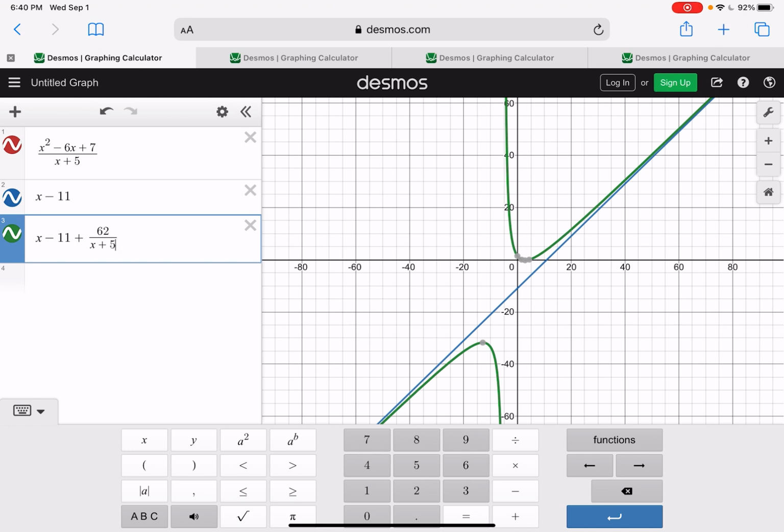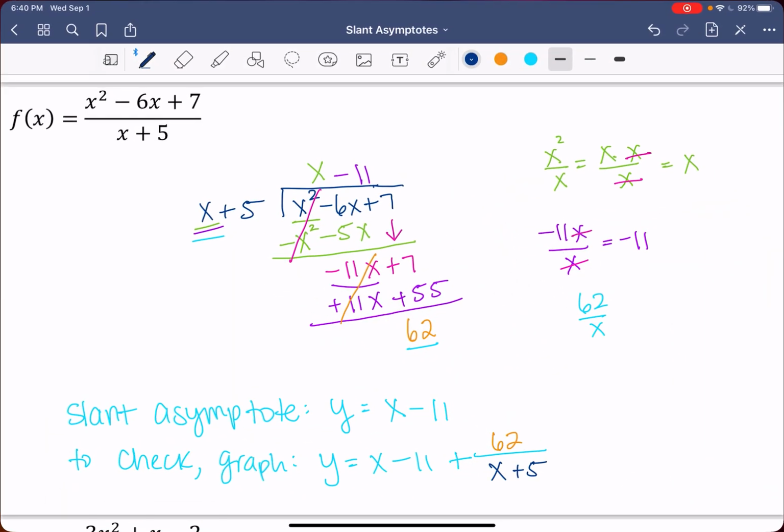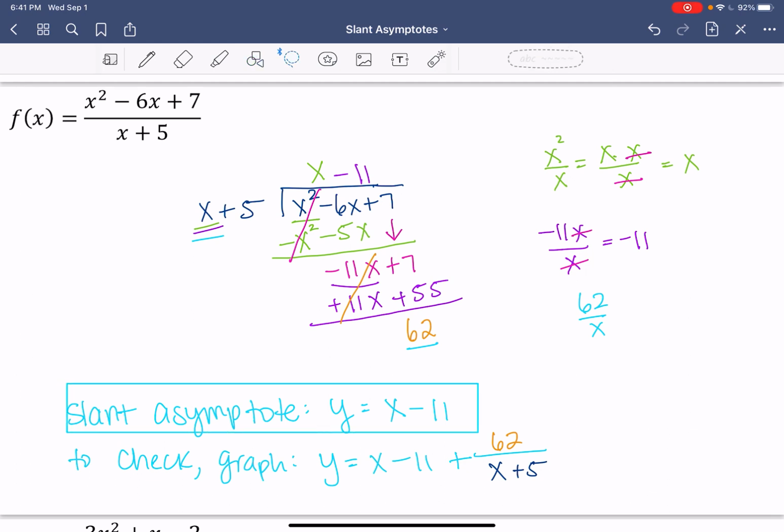And so notice that the red and the green graph overlap each other because they're the exact same. And so that's how you know that you did it right with the correct remainder and everything. Okay, so that is correct. So I'm just gonna box that in. And let's go on to the next example.